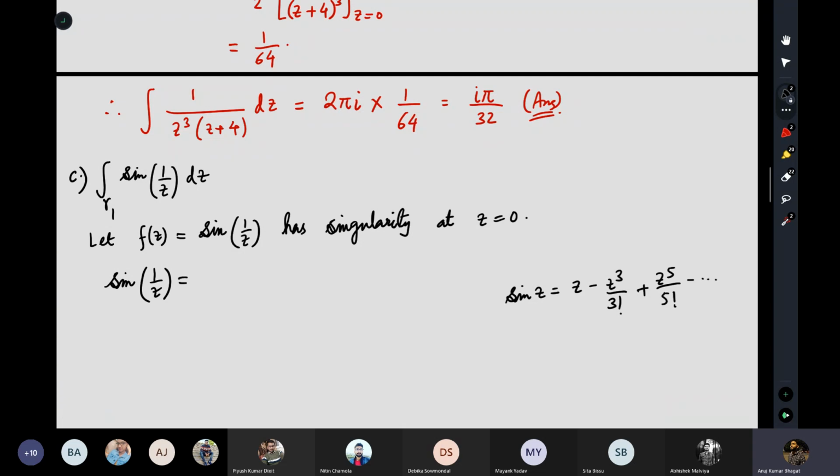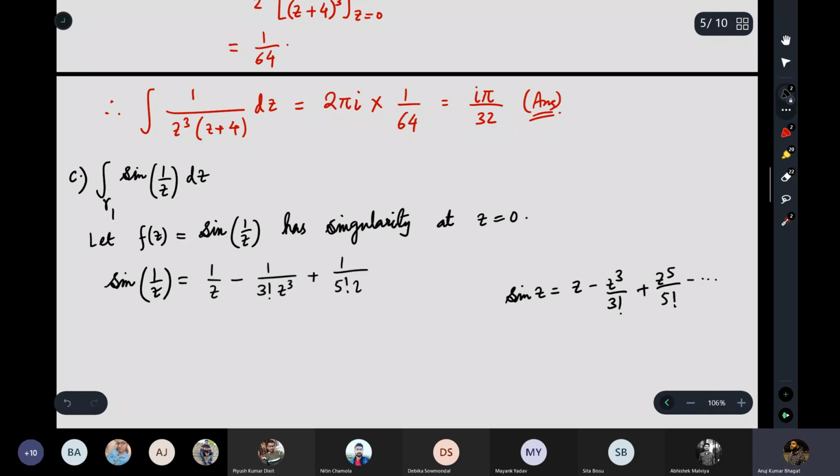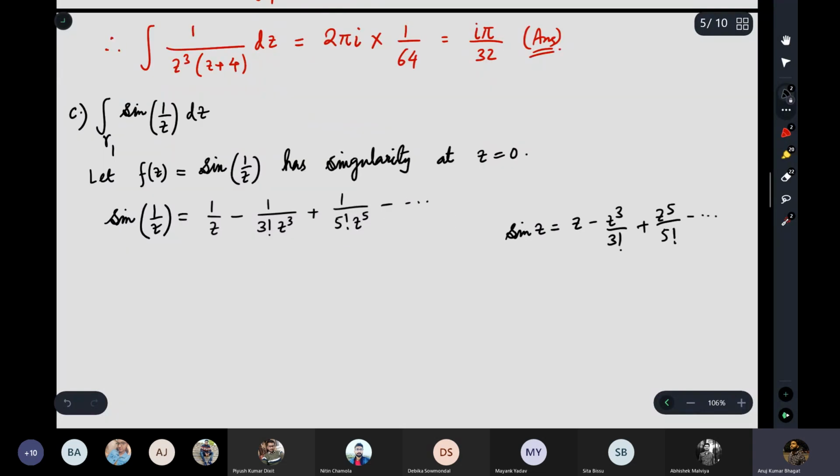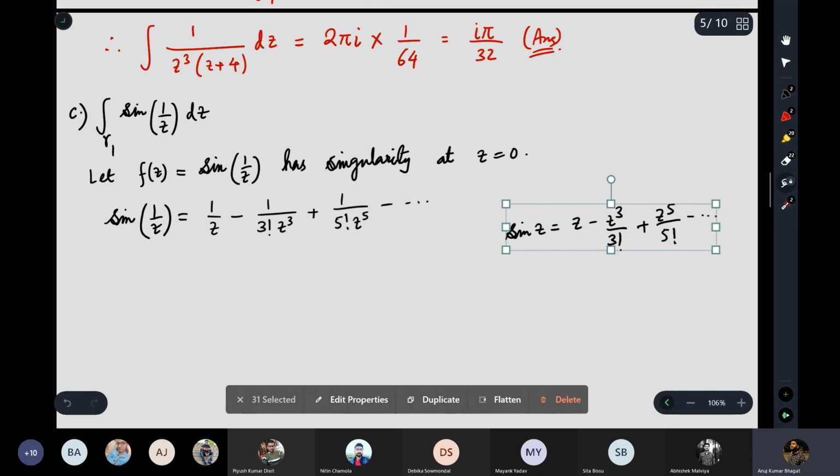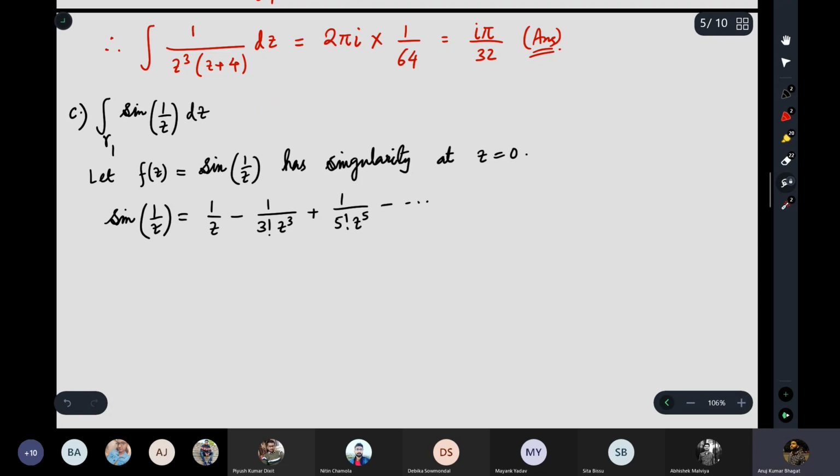So sine 1 by z is nothing but 1 by z minus 1 by (3 factorial z cube) plus 1 by (5 factorial z to the power 5) and so on. So you can see that because the negative powers of z are infinite in number, at 0 we have an essential singularity. So can you tell me what is the residue of the function?